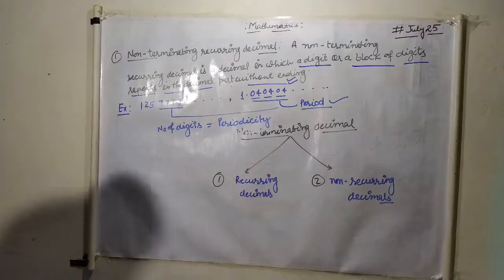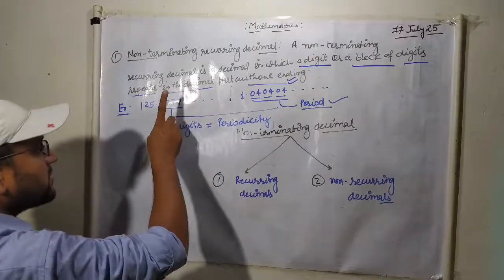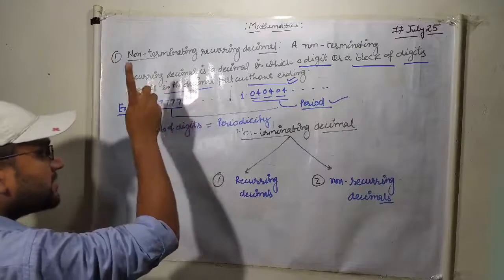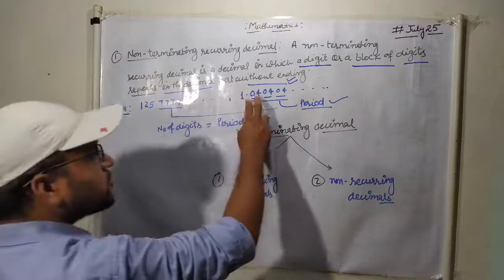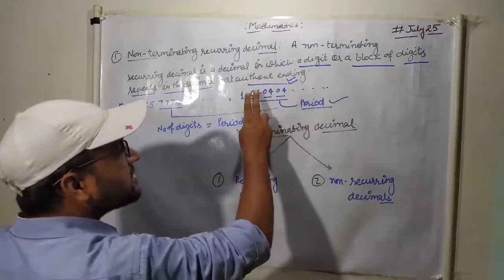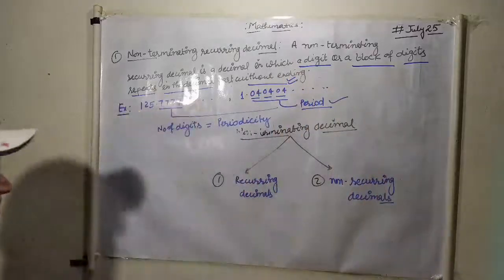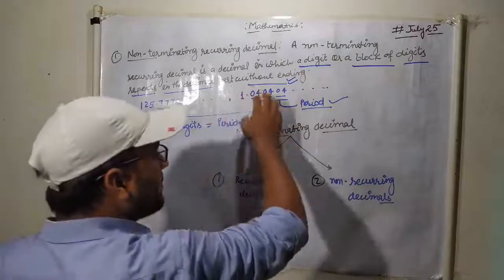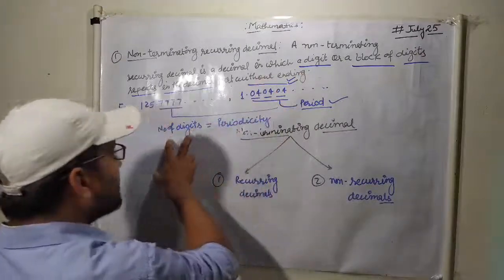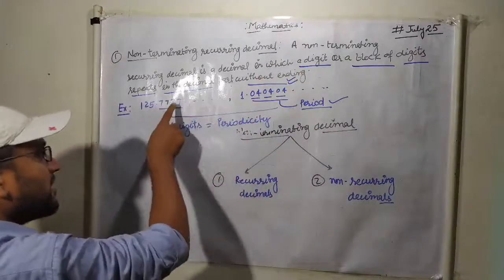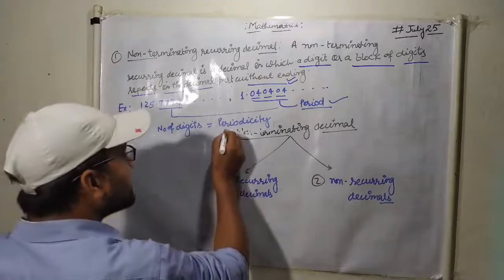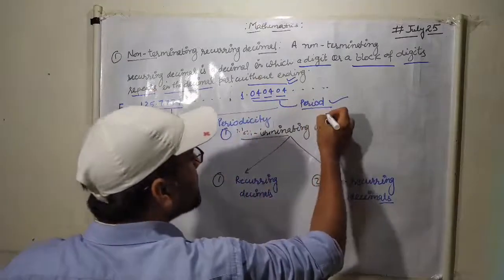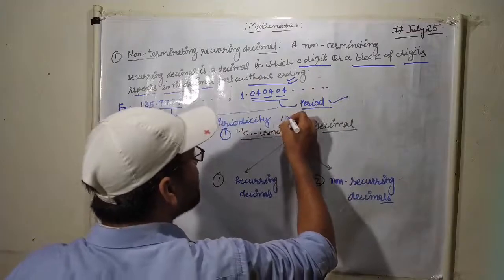Okay, what is the period of this one? There is one number repeating, means its period is 1. Here 2 numbers are repeating, its period is 2. So periodicity is the number of digits. One number is repeating, its periodicity is 1. Here 2 numbers are repeating, its periodicity is 2.